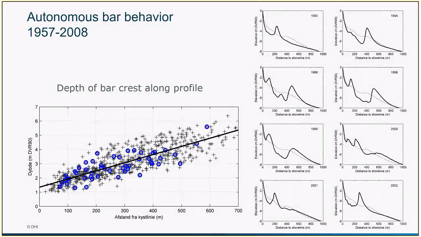We can see that in 1992 a bar is present in the profile, and then it slowly moves towards the offshore part of the profile. And in 1996 a second one is generated close to the shore, and this bar will start migrating towards the offshore part as well.